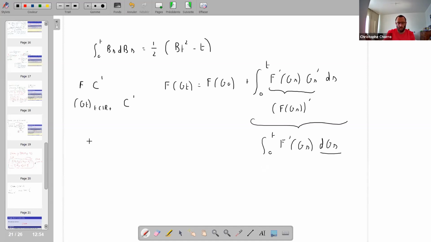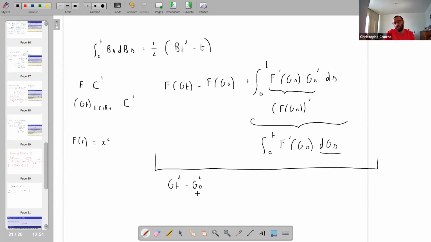In particular, if I take F of x equal to x squared, this formula becomes G_t squared minus G_0 squared. And if G_0 is equal to 0, I have 0 here.